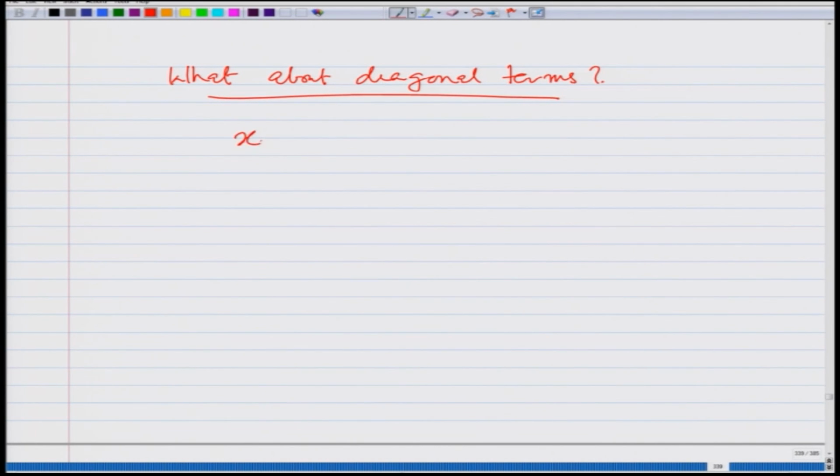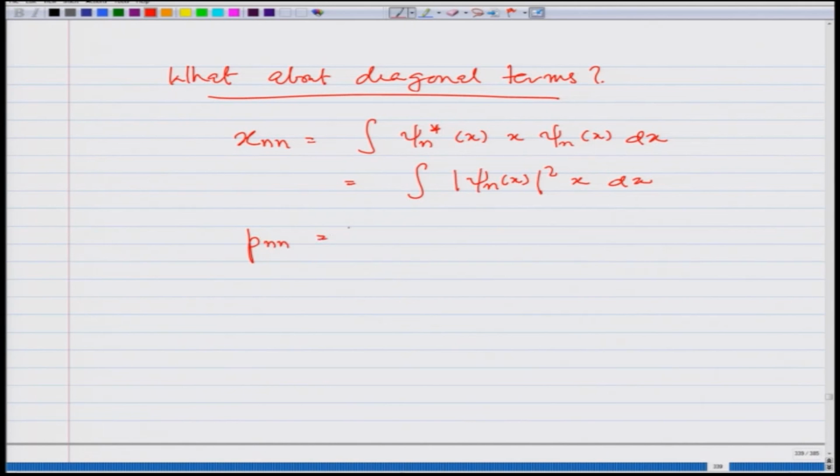So, after this conclusion, I just want to leave you with a question: what about diagonal terms? For example, x nn, which is integral psi n star x x psi n x dx, which is integral mod psi n x square x dx, and p nn, which is integral psi n star x h cross over i d psi n over dx dx.